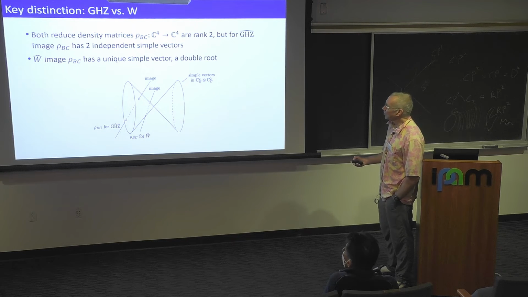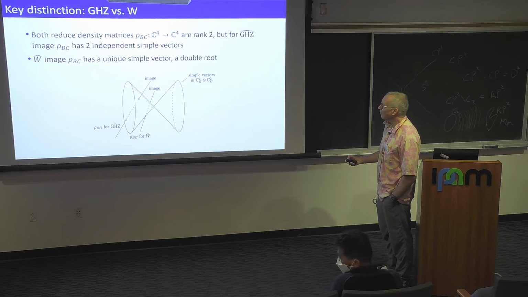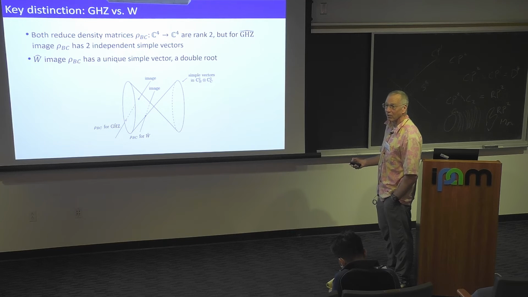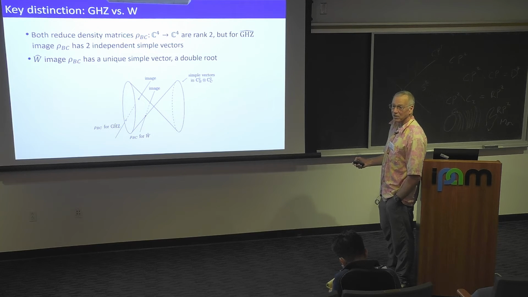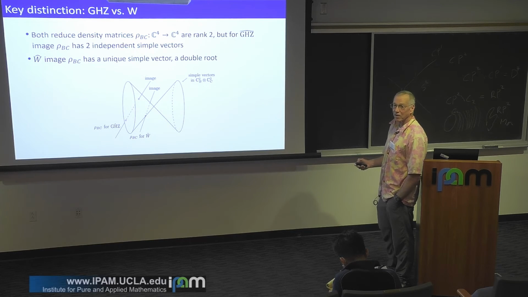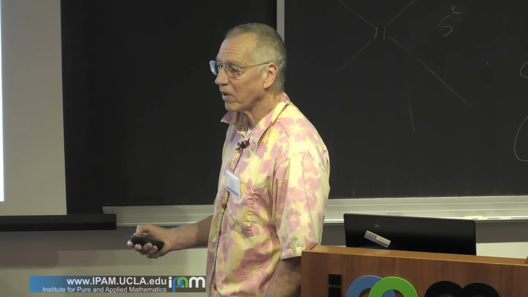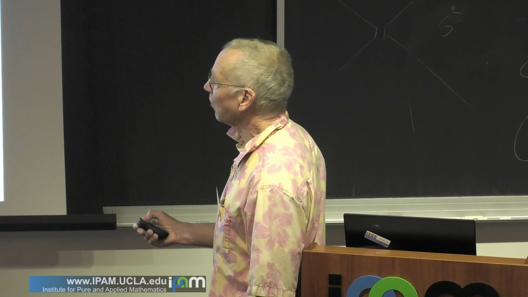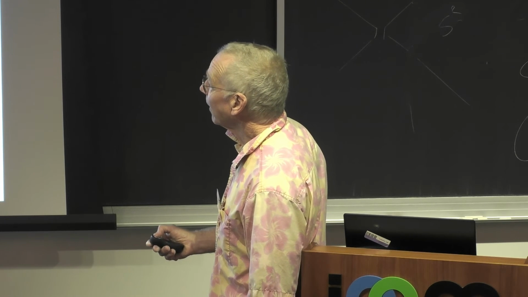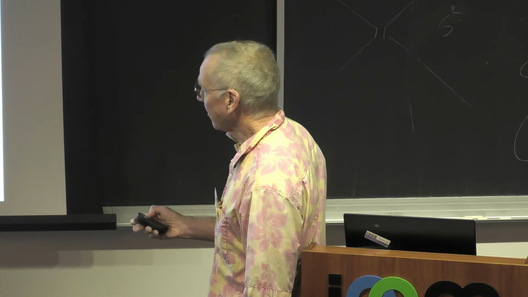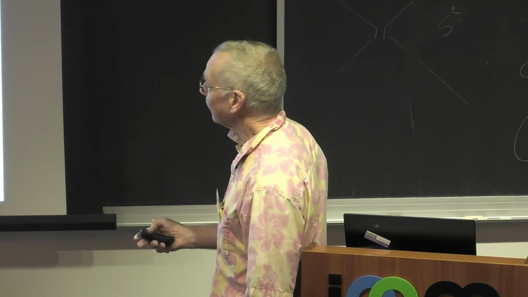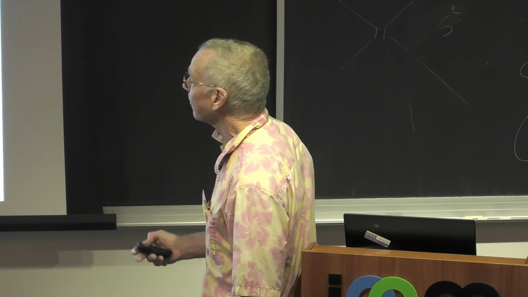But you can have either two generic intersections or an intersection that's tangent, so a double zero, just like the solution to the equation z squared equals 0 as opposed to z squared equals epsilon. So you should think of the W thing as a little bit degenerate. It's kind of like the two simple vectors collided. And that's sort of what makes it a different class. I'll come back to that fact. That'll be useful to us a little bit later.